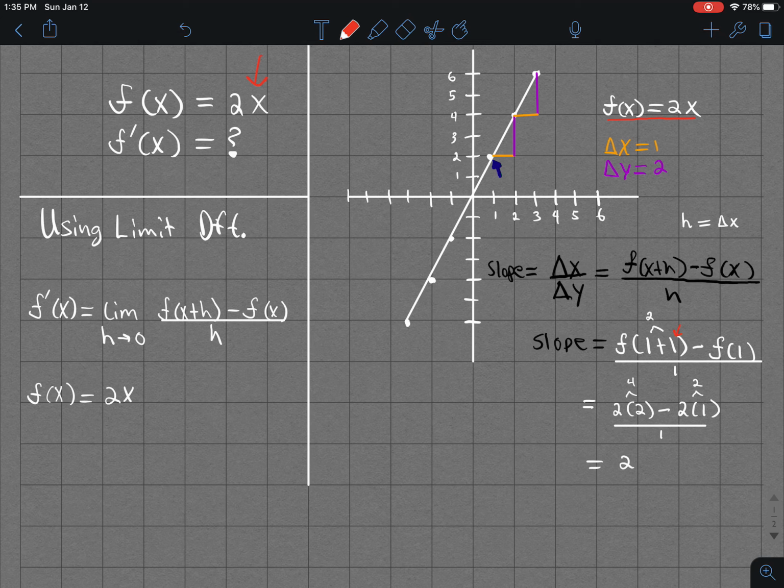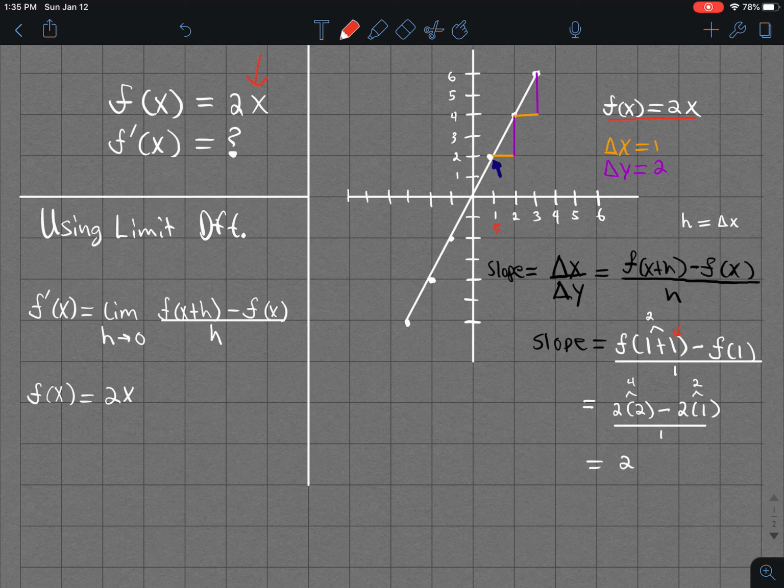We're only changing x by 1. So it's f of 1 plus 1, which is f of 2, and then minus our initial point, x equals 1, so minus f of 1.